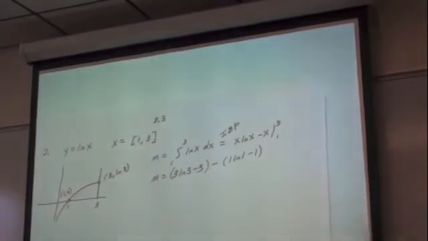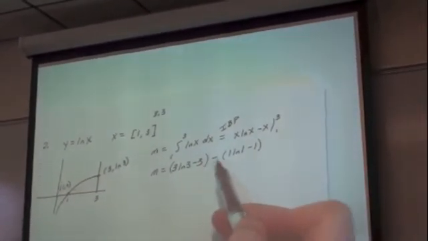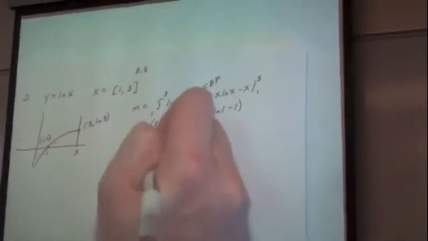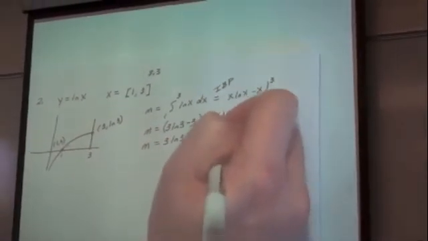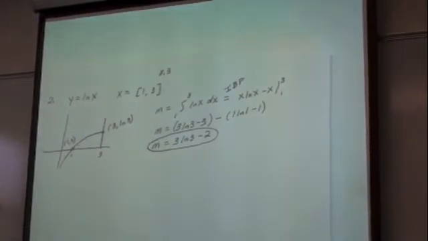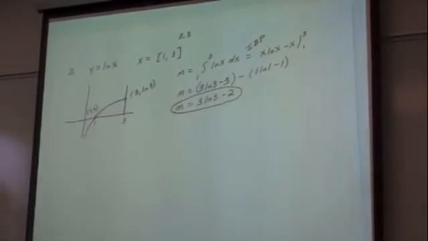Well, I know that the natural log of 1 is 0, so really all I have here is negative 3 minus a negative 1, which is negative 3 plus 1. The summation of the masses is going to be 3 ln 3 minus 3 plus 1, which is 3 ln 3 minus 2. So that's going to be an important component of our answer. I probably shouldn't have circled it, though. I probably should have underlined it.